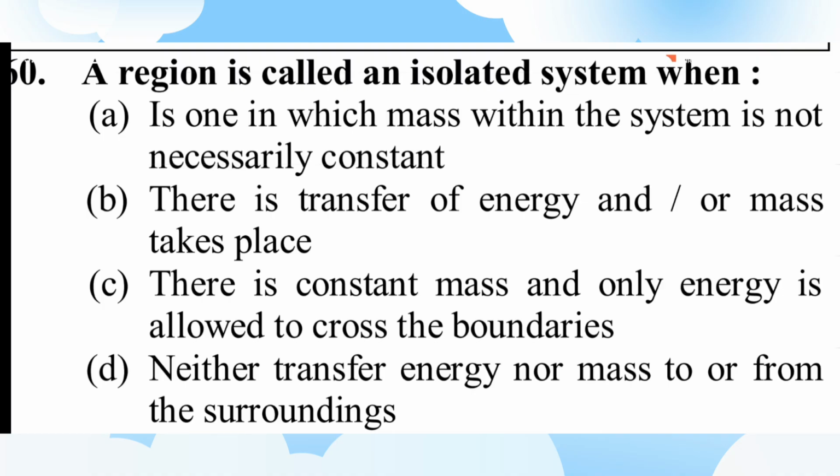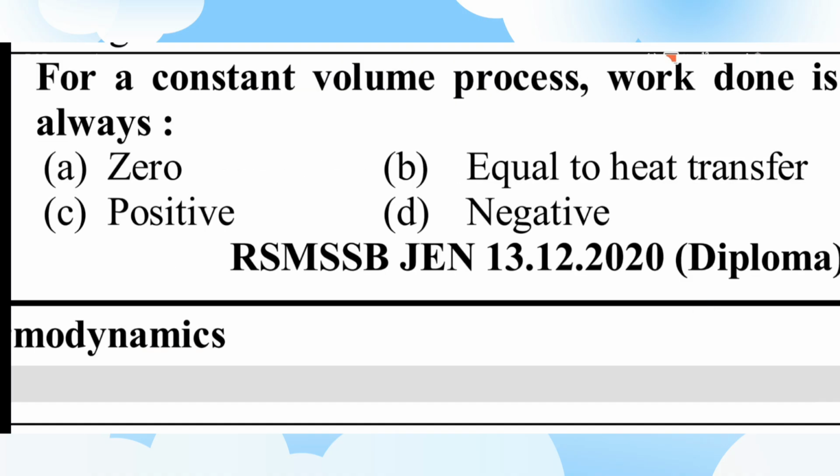Isolated means energy and mass are not transferred. D is the answer. Next question: for a constant volume process, work done is 0, equal to heat transfer, positive, negative, 0.